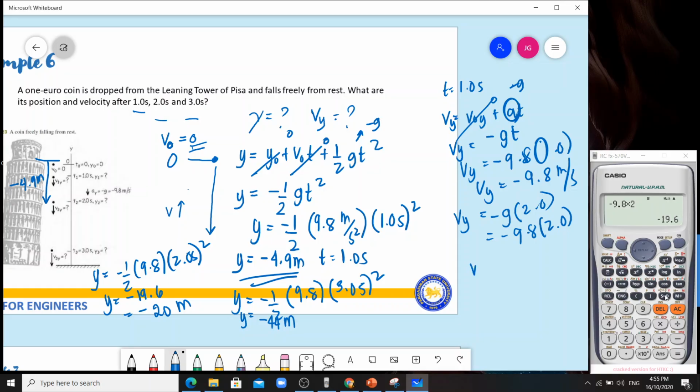So our v y is negative 19.6, or negative 20, sorry, because how many significant figures? 2 significant figures.